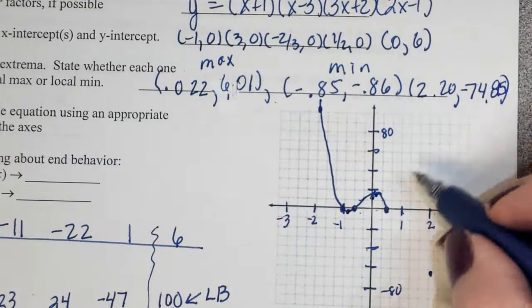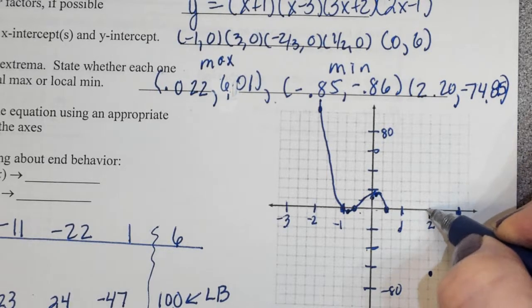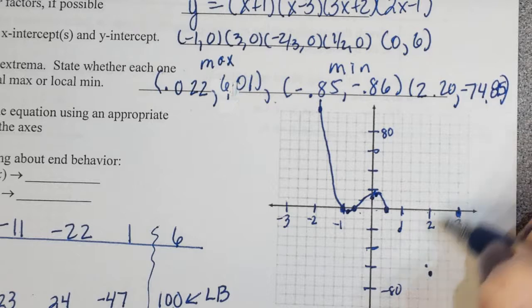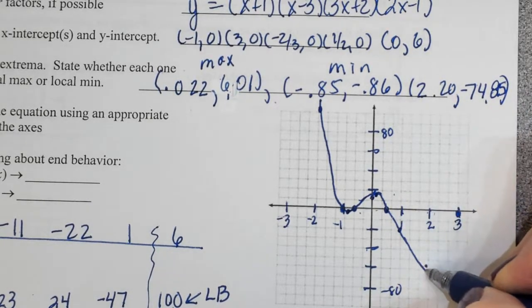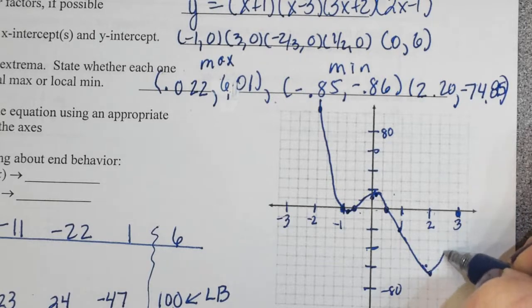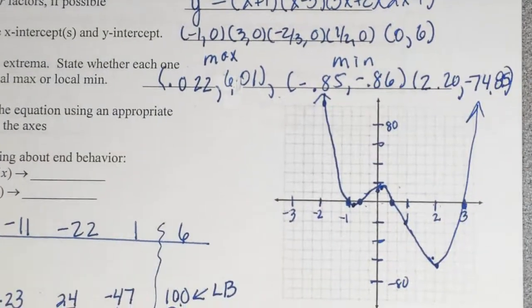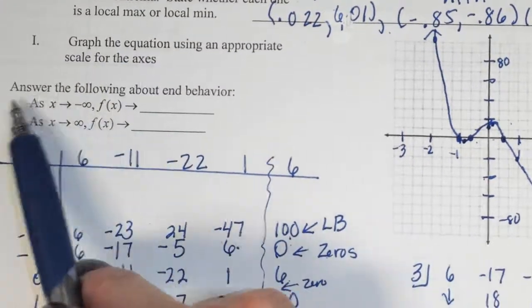I know another point at 1 is negative 20. I might want to go ahead and put that in. 2 is negative 72, right about there. And then I know that 3's my other x-intercept.